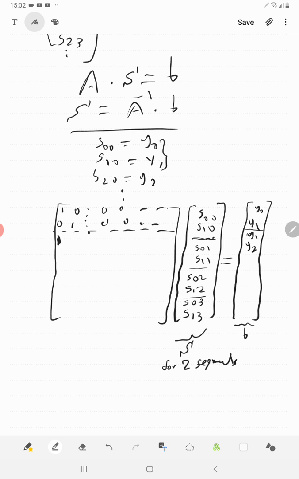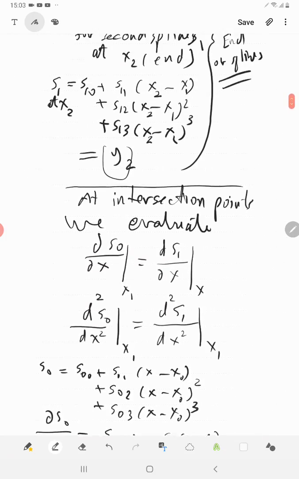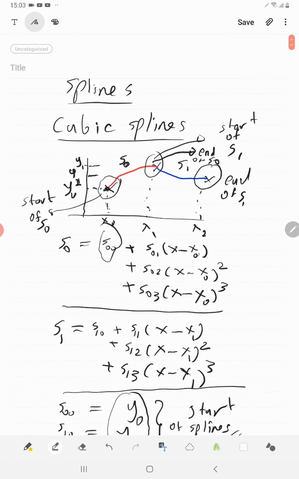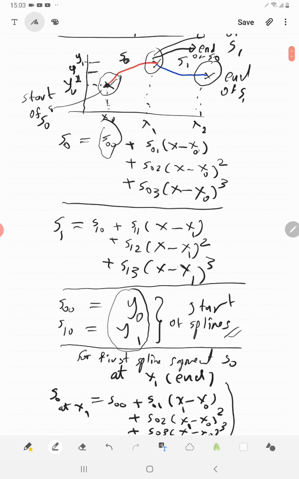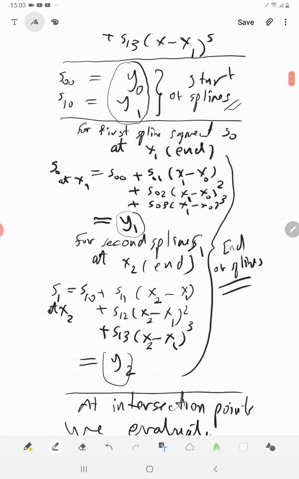I have nothing with S10. With S01 here, you have H0, right? Now here, it's evaluated here, it's S00 plus S01 H0, so that's for the first one.